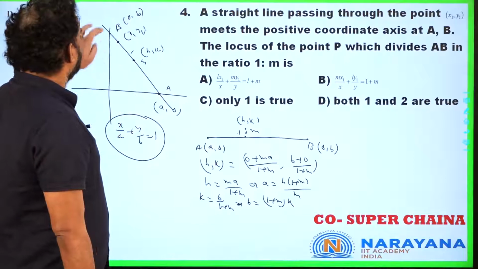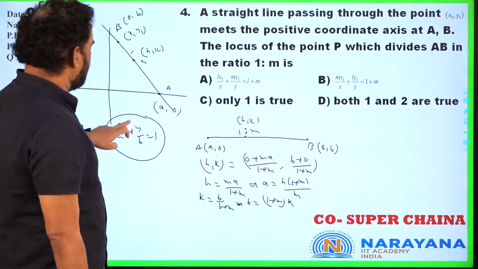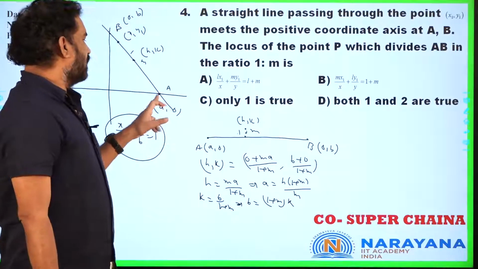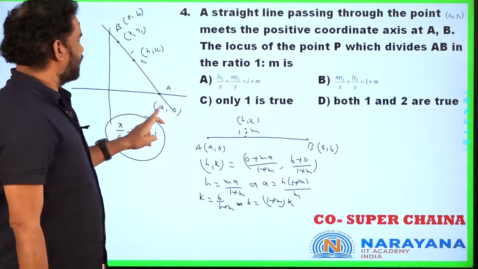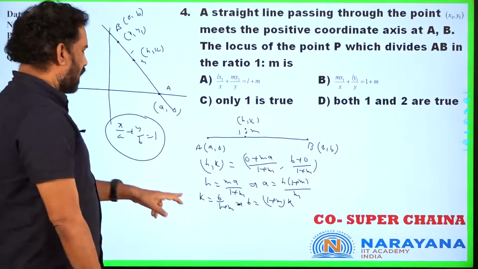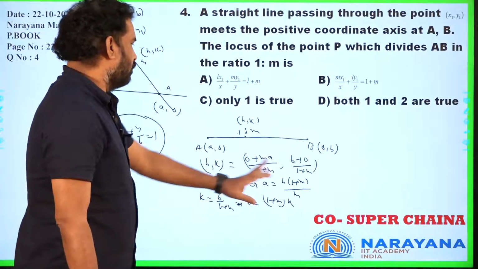I have taken the line equation as x by a plus y by b equals 1, where the line cuts the x-axis at (a, 0) and the y-axis at (0, b). So I got the a value and the b value.